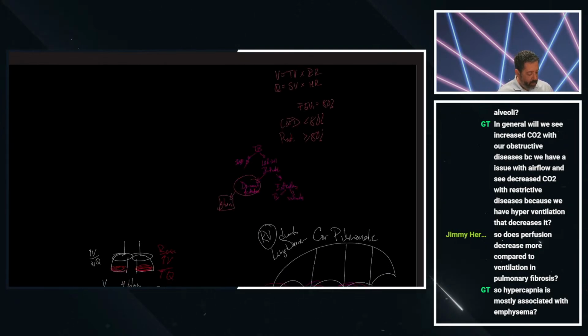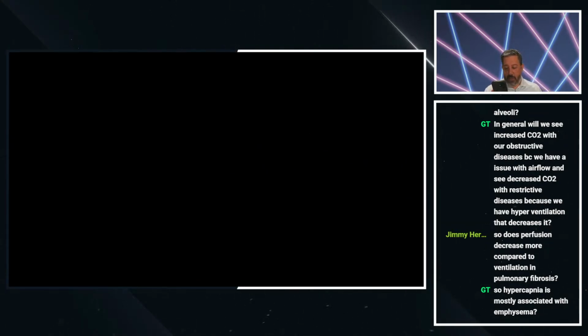Okay, so let's go over this one. So the question now is, we talked about VQ. Now we're saying that in interstitial pulmonary fibrosis, it's a disease of the lung parenchyma, the lung tissue. So instead of being 4, now let's say we lost half of our lung mass, so therefore we don't get half of the lung for ventilation, or our breathing is so bad.